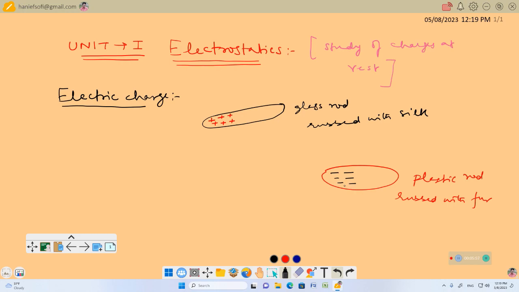So rubbing transfers particles. Fundamentally, the electrons are moved from one body to another.